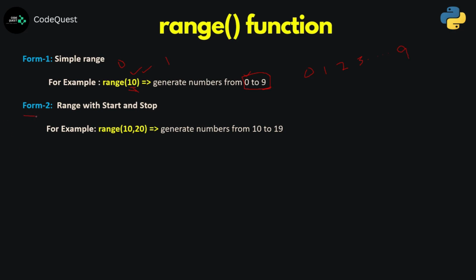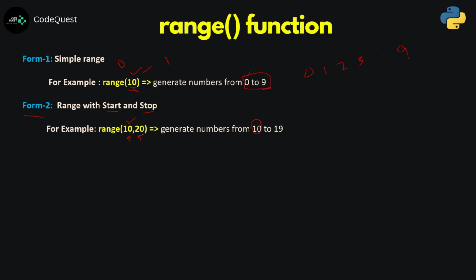The other format of your range is where you specify the start as well as the stop. Here you can see we have given a start value and this is the stop value. Because we mentioned a start value, the sequence of numbers that I am going to generate is going to begin from 10, because that is the start value I have given.